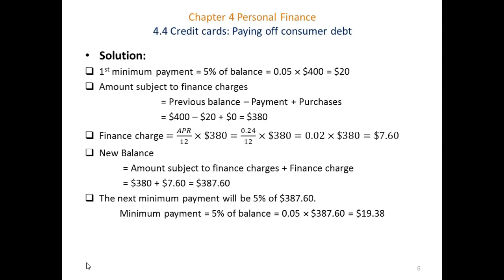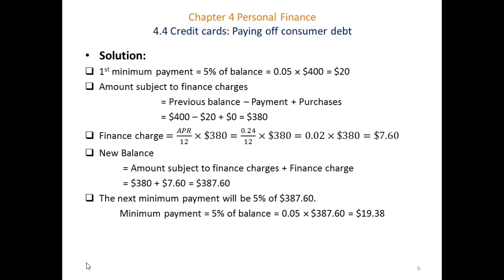Solution. The first minimum payment is equal to 5% of the balance, or 0.05 times $400, equal to $20. The amount subject to finance charges is the previous balance minus payment plus purchases, which is $400 minus $20 plus $0, equal to $380.